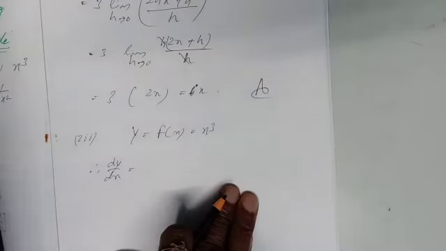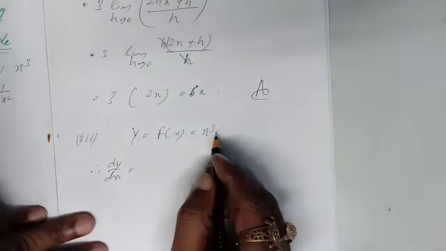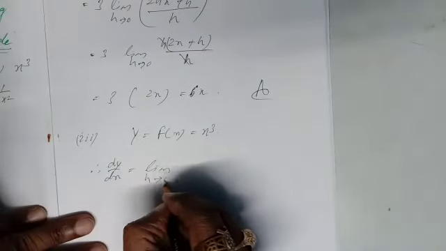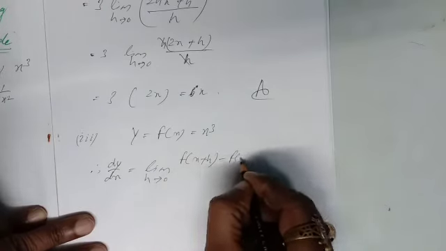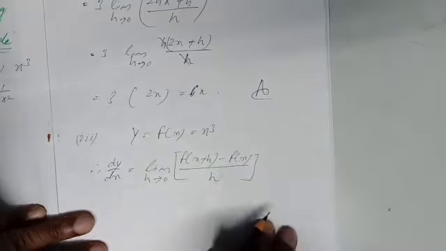Question number 3: it is given y is equal to f of x equal to x cubed. We have to find the derivative by first principle. The formula required is limit h tends to 0, f of x plus h minus f of x by h. Now put the values of f of x and f of x plus h.